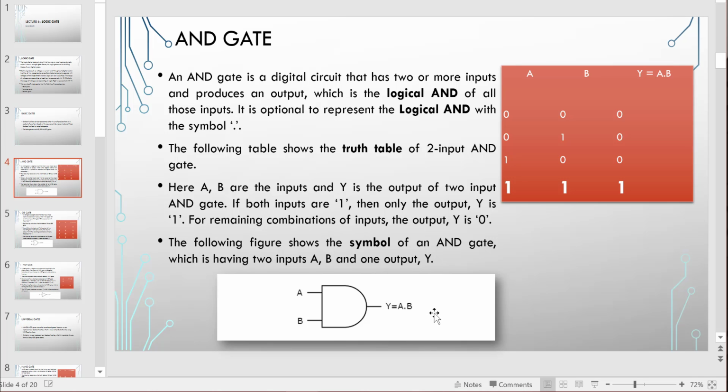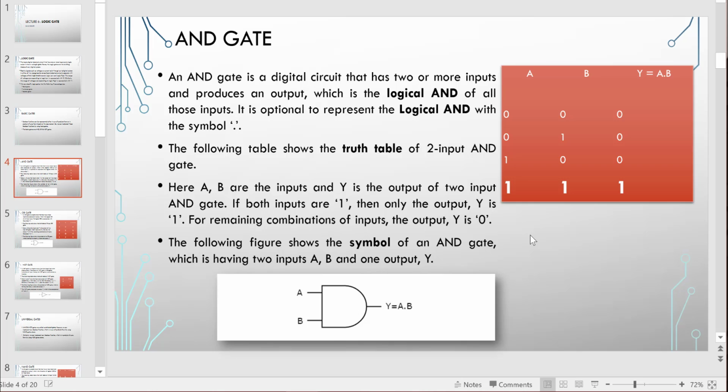Which means that if we supply 0 in input A and 0 in input B, then the result will be 0, right? And we can say that if there is a 0 in either case, like 1 0, then we will get 0 at output Y. If both the inputs are high, meaning both the inputs are 1, then only in this case will it give us the value 1 in the output, right?